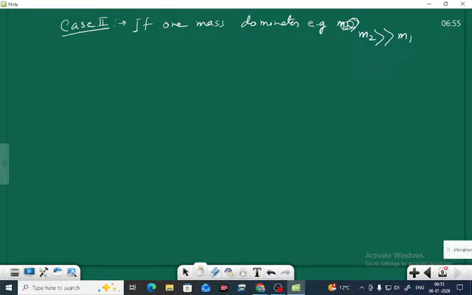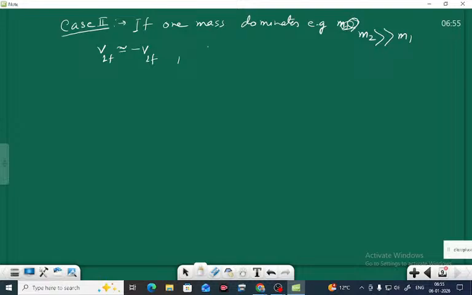Then v1 final is nearly equivalent to minus v1 initial. It is not exactly equal, but it can be said as nearly equivalent.